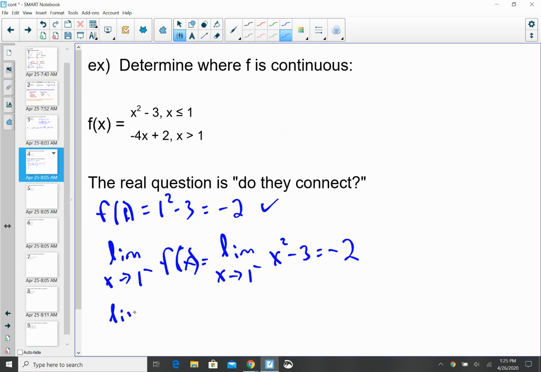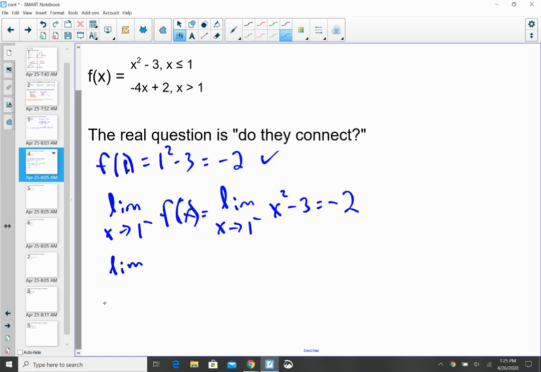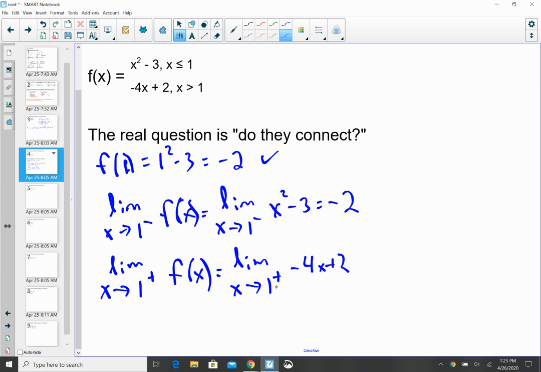Let's see if it works from the right, and we're going to hope that that number is the same. From the right, that is the greater than side. That's -4x plus 2, and when you plug 1 into that, you get -2.